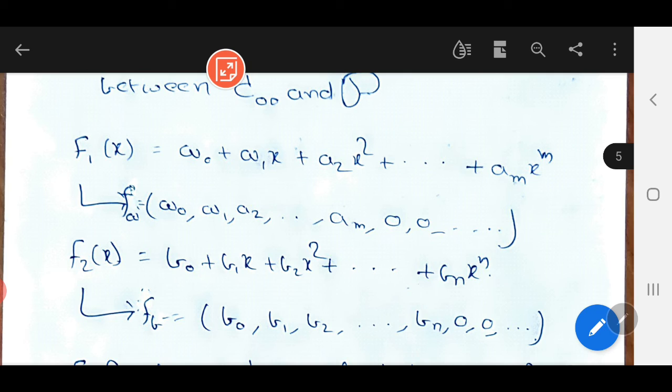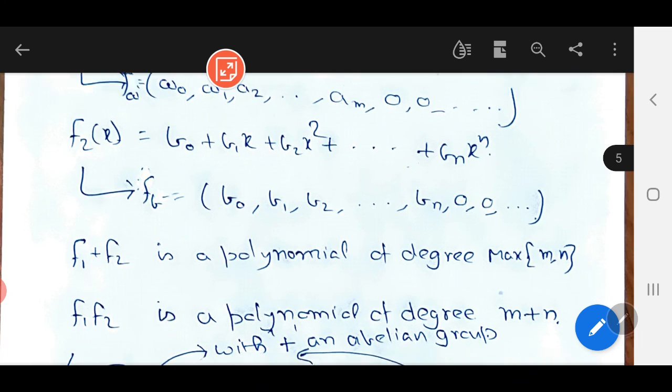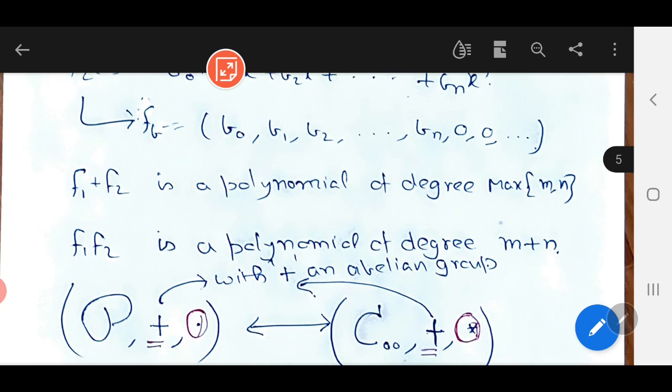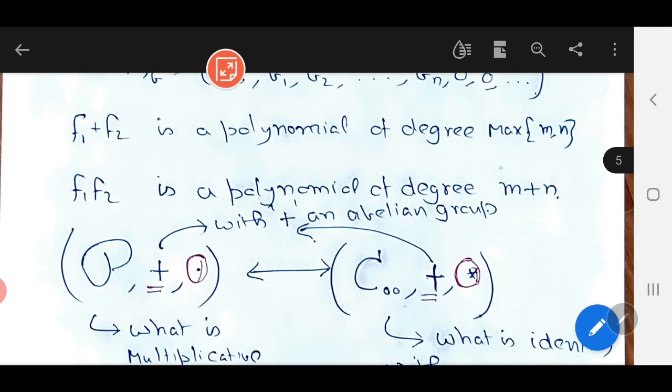F1 of x is a polynomial of degree m, then I am associating a sequence here, f subscript a, because the coefficients are represented in terms of a_i's, so a0, a1, etc., am, and the remaining are all zeros here. So that is a member of C00. Similarly for f2. Now f1 plus f2 is trivial. It is a polynomial and its degree is at most the maximum of m, n. And f1 f2 is a polynomial of degree m plus n.